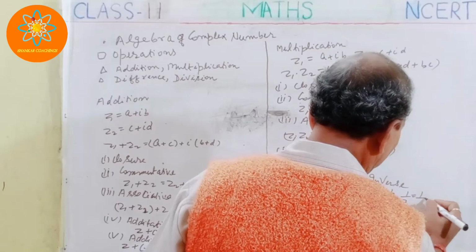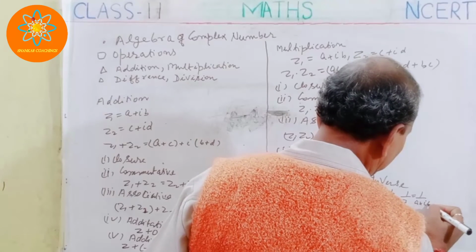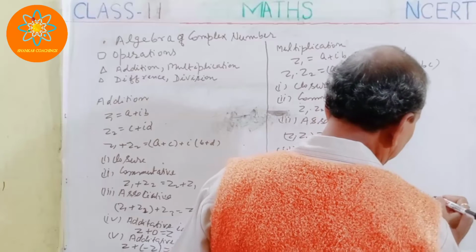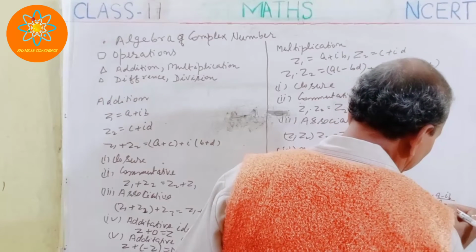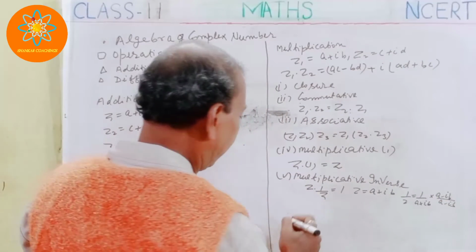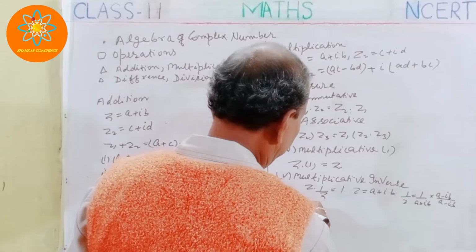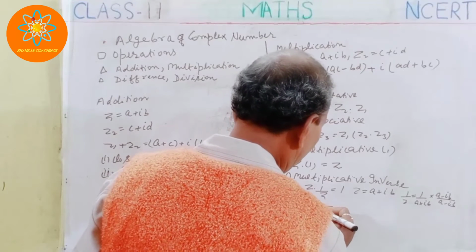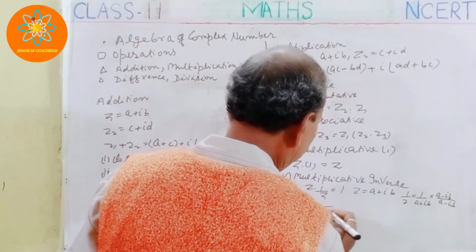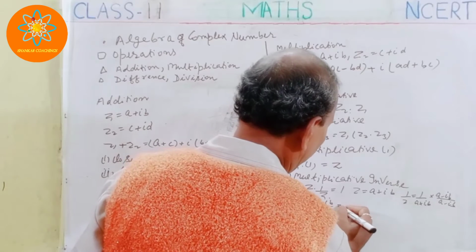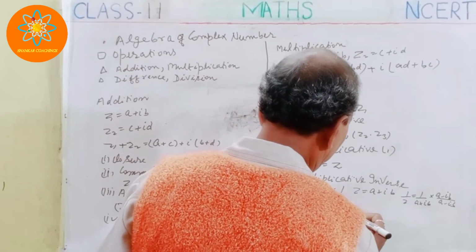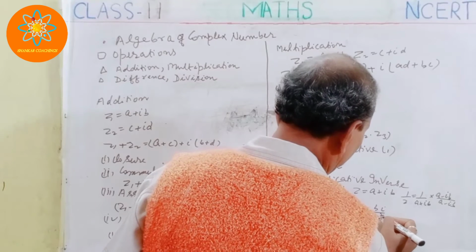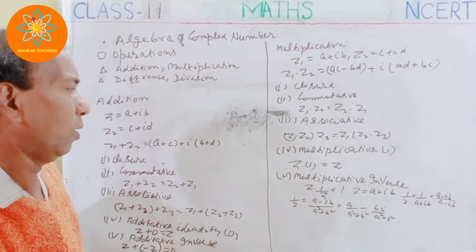So 1 by z is equal to 1 by a plus ib. To solve it, you rationalize by multiplying by a minus ib divided by a minus ib. In the denominator you will get a square plus b square. After rationalizing, the value of 1 by z is a divided by a square plus b square minus bi divided by a square plus b square. This is the multiplicative inverse.